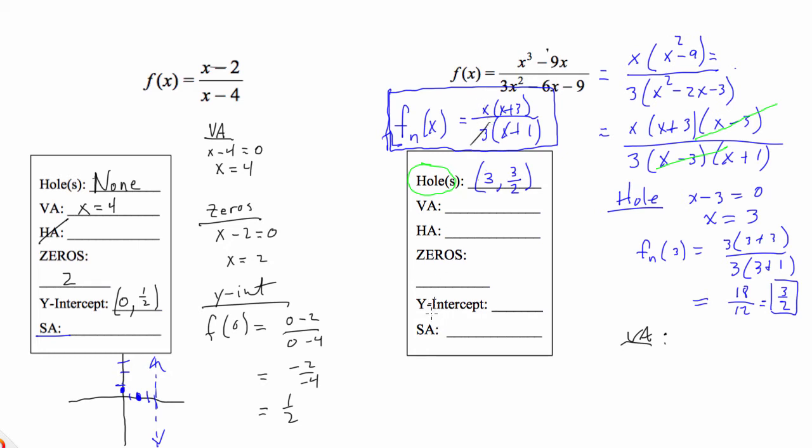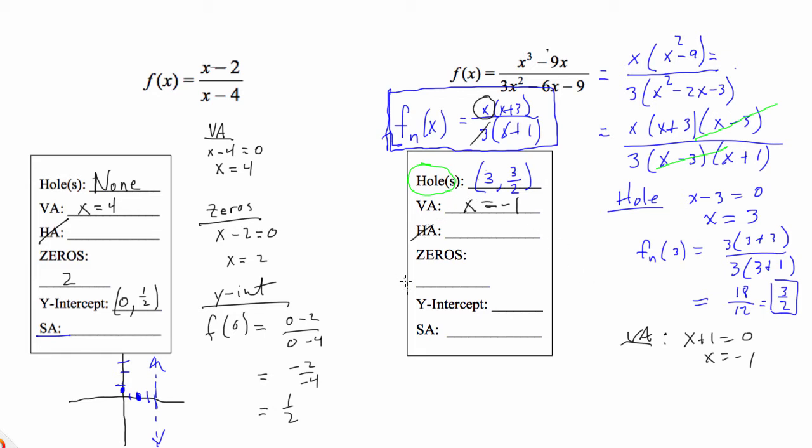Now, when we get to the zeros, we're not going to ignore that x right there because it's a variable. But I don't need to set 3 equals 0 because 3 is never equal to 0. So I'm only going to set the x plus 1. Anything with the x's, I'm going to set equal to 0. And I get x is negative 1. And I put x equals negative 1. You need the x on this one because, again, you're finding the equation of a vertical line. And the equation of a vertical line is x equals a number. And there it is, x equals negative 1.